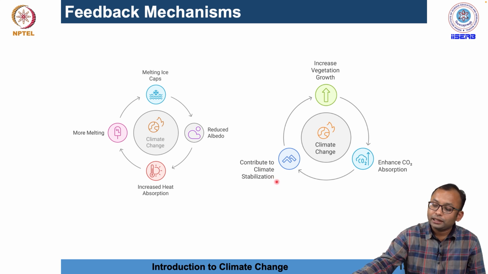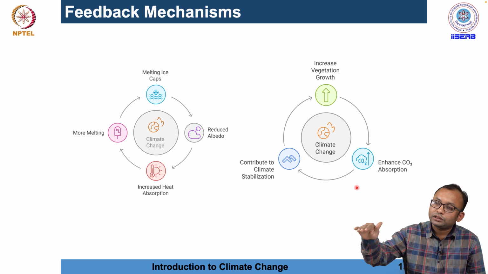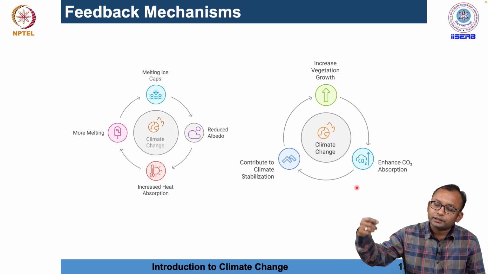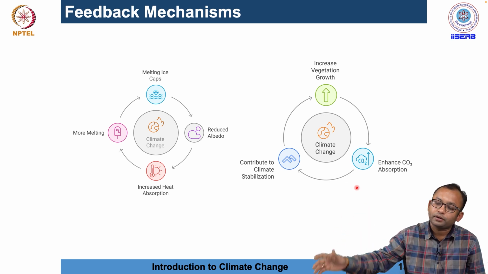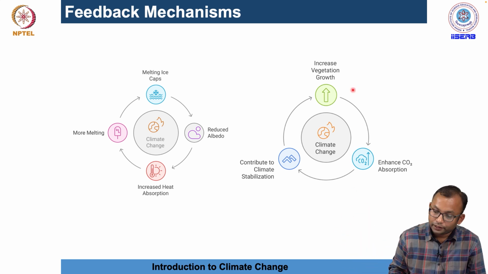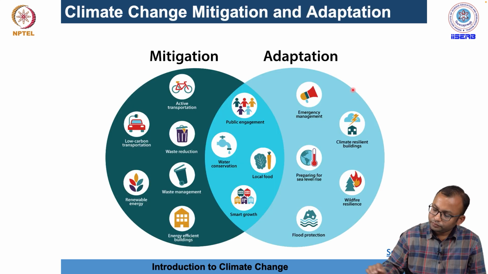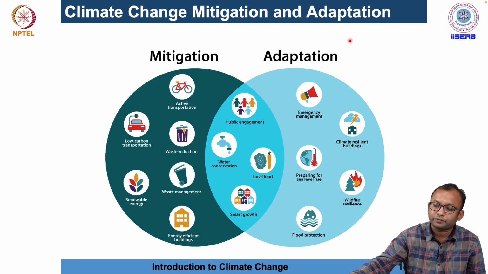So that is also one type of negative feedback that tries to stabilize the already enhanced greenhouse gas activities or CO2 emissions because of the increased vegetation growth. This feedback mechanism is also very important to understand in the context of climate change as well.